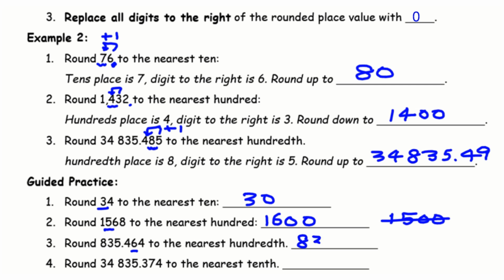$835, if it's in dollars, it will be $835 stays the same, and 46 cents stays the same. After 6, the 4 is less than 5, round down.